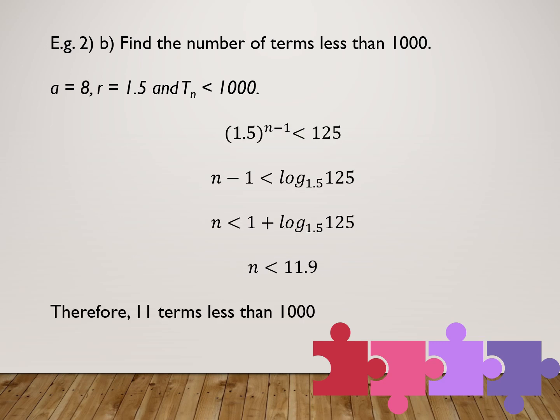Then using the same operation, we change it to a log, and so n minus 1 is less than log base 1.5 of 125. Because once again 1.5 is greater than 1, it gets taken over as a positive, so the sign stays as is, and then you add the 1, so we get n is less than 11.9. Therefore 11 terms are less than 1,000.